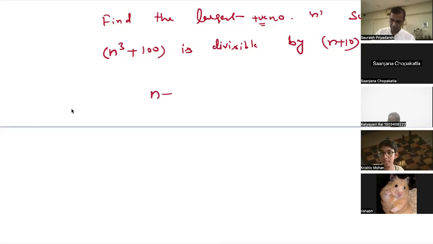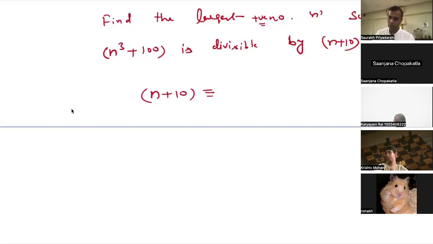Yes, sir. Yes, what have you done? So n plus 10 divides n cube plus 1000. So n plus 10 divides n cube plus 100 plus 900. So n plus 10 divides 900. So n will be equal to 890.